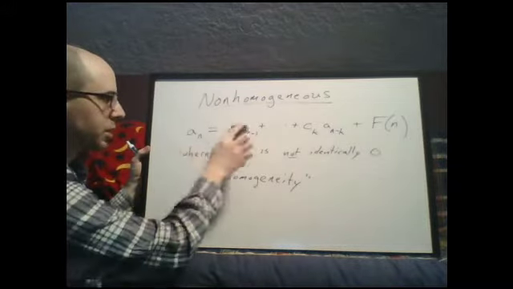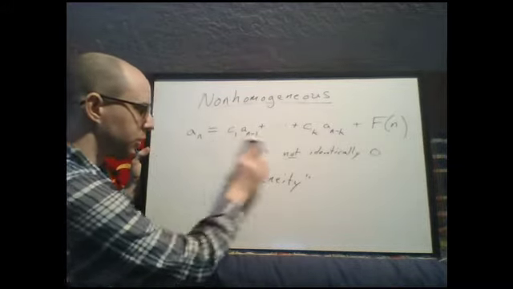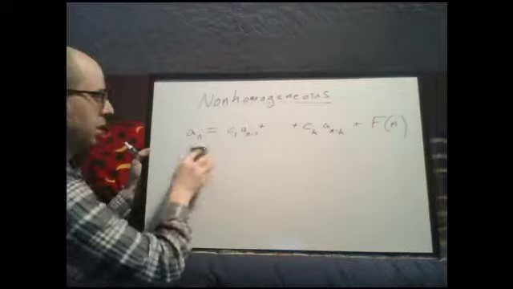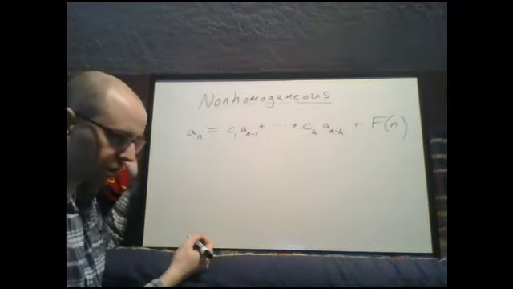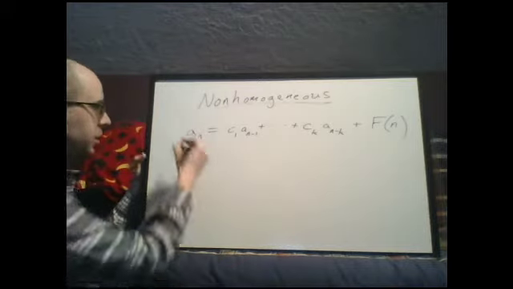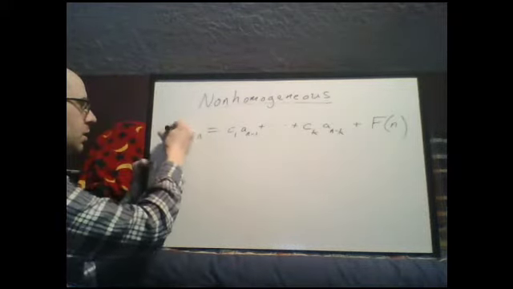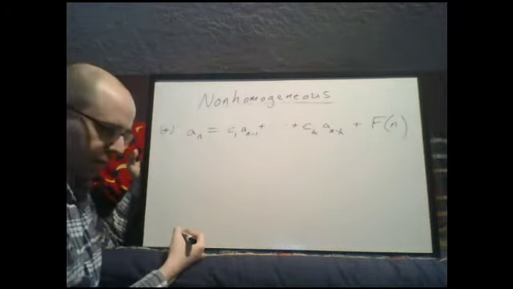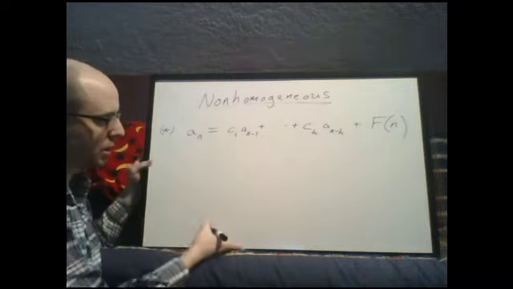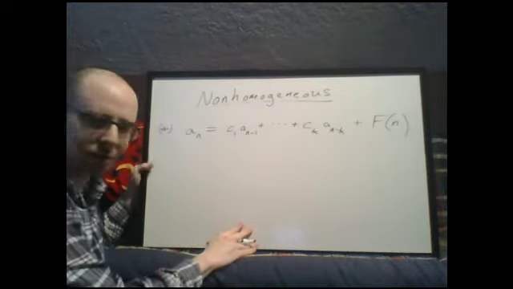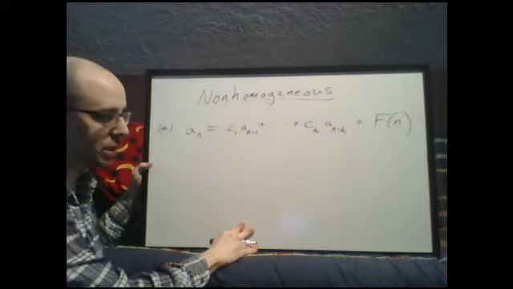So let me leave the equation up there and just erase the extra stuff. Let me call this star. Now, once I have this recurrence, let's not worry about initial conditions just yet.